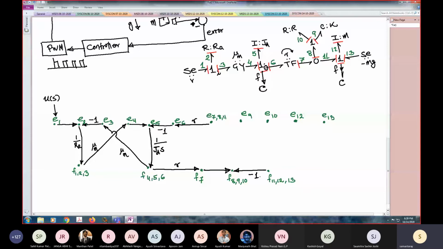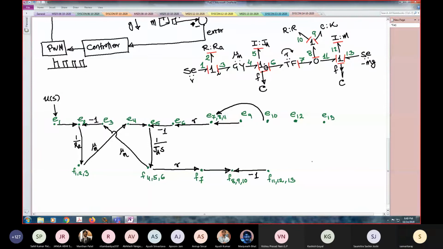So E8 is E9 plus E10. You can draw it any side. Let me draw it this side. E9 plus E10. When it is plus, you don't put anything. When it is minus, you put a -1.